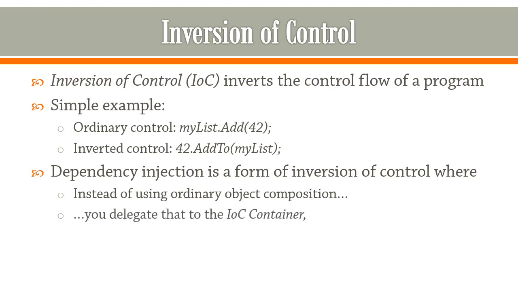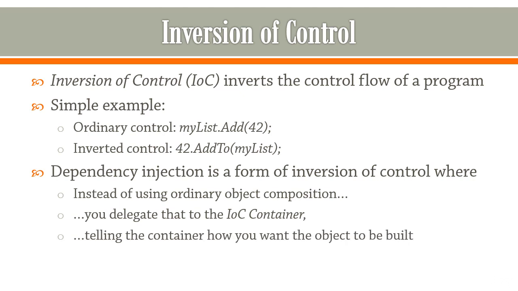And the IoC container, where IoC stands for inversion of control, is actually responsible for giving you a fully initialized object with all the dependencies that have been added. So you tell the container how you want the object to be built, and then when you ask the container for the object, it will build the object for you, satisfying all the dependencies that the component actually has.